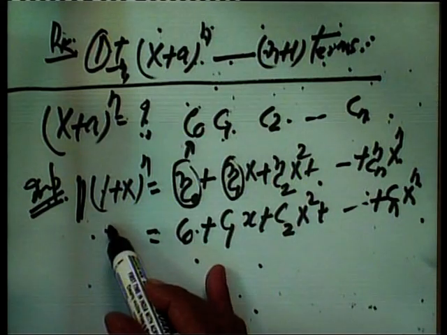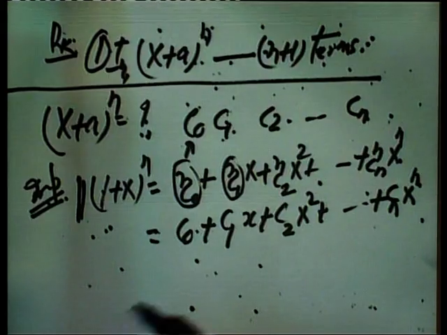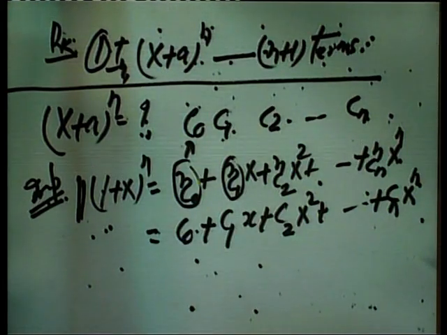Well, that is the special case of the binomial theorem of a plus b raised to power n or x plus a raised to power n. Now, let us do certain manipulations in this expression.